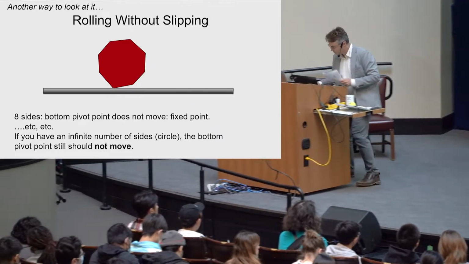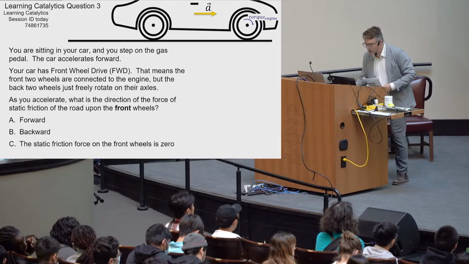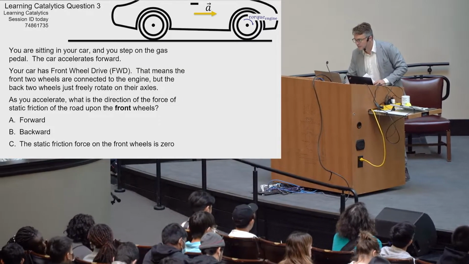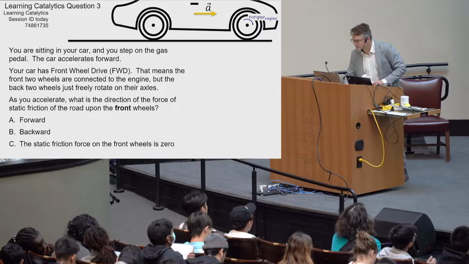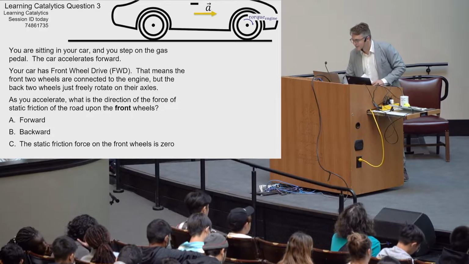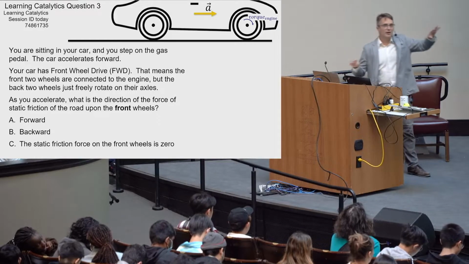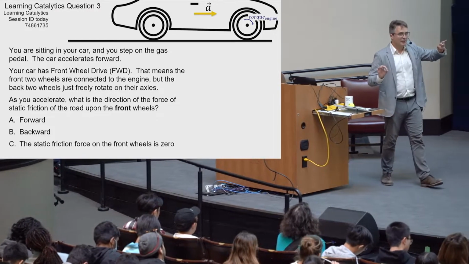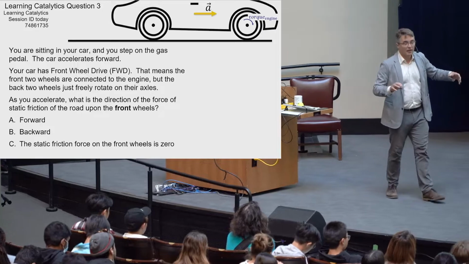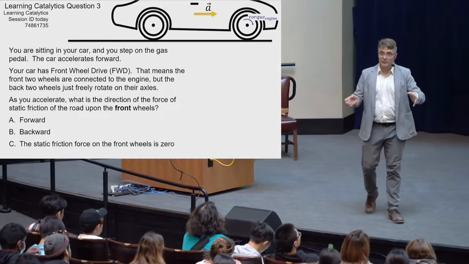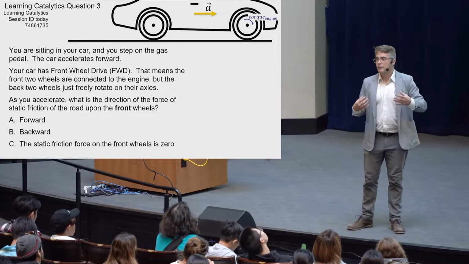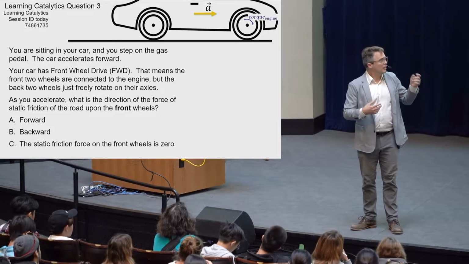So hopefully that helps. Let's do this question. You guys are going to love this. I'm going to do 2 questions about the exact same situation. Now in the previous car, it had what is called rear-wheel drive. But in some cars, they have all-wheel drive, and in some cars, they have front-wheel drive. Front-wheel drive is actually fairly common.